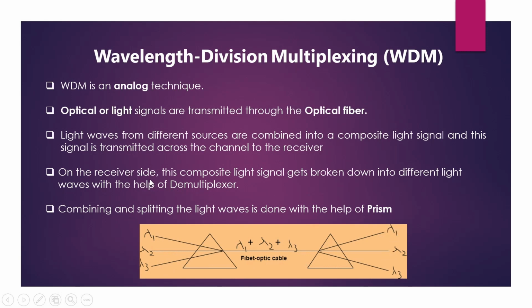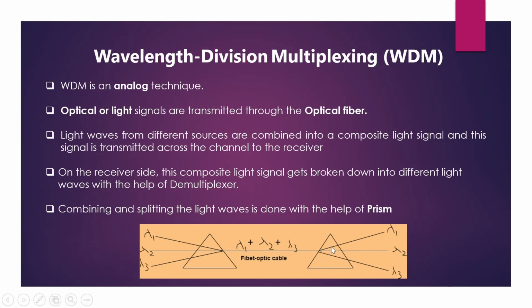On the receiver side, the composite light, composite meaning it consists of data or signals of various wavelengths combined together, gets broken down into different light waves with the help of the demultiplexer.